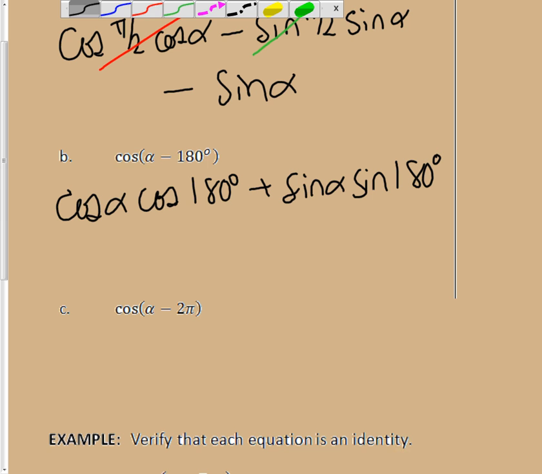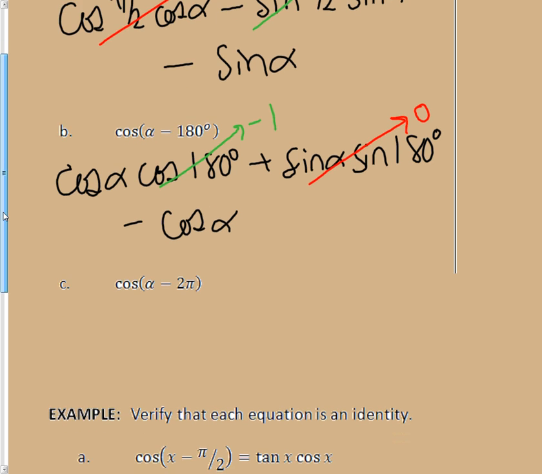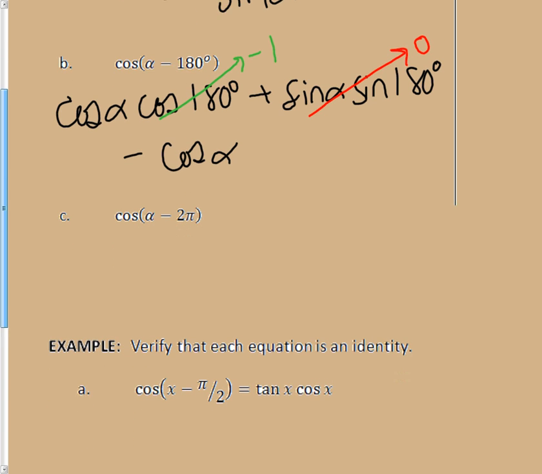And just like on that last example, the sine of 180 degrees is 0, so this whole term goes to 0. The cosine of 180 degrees goes to -1, and so I end up with, as an answer, the negative cosine of alpha.